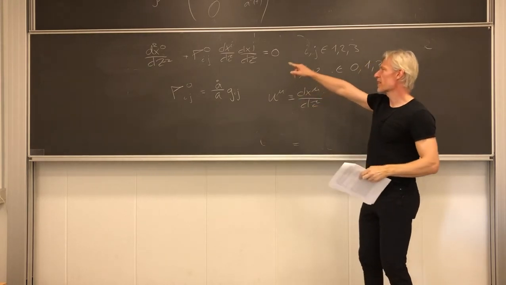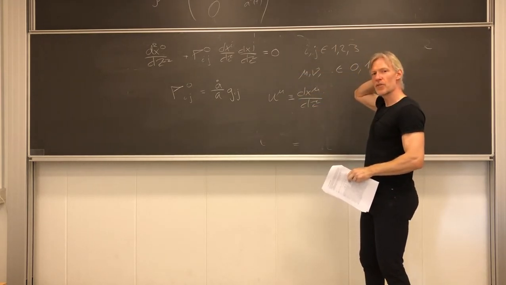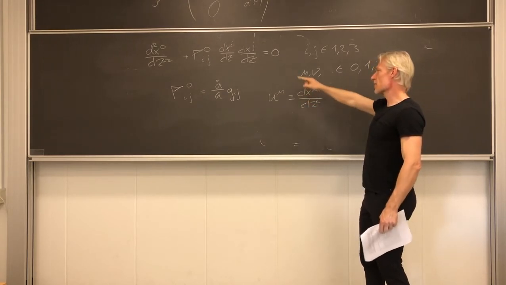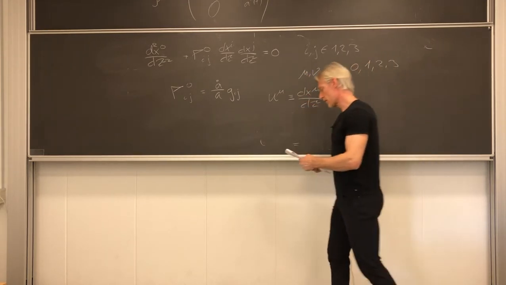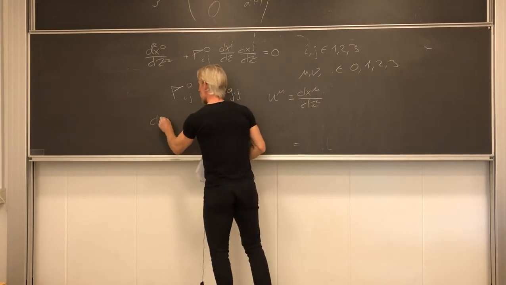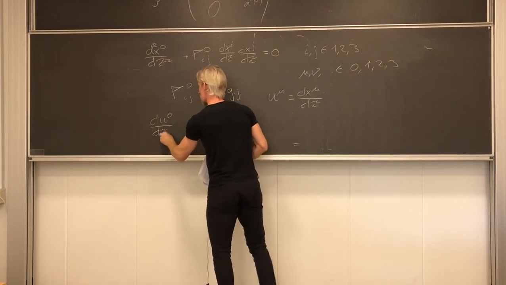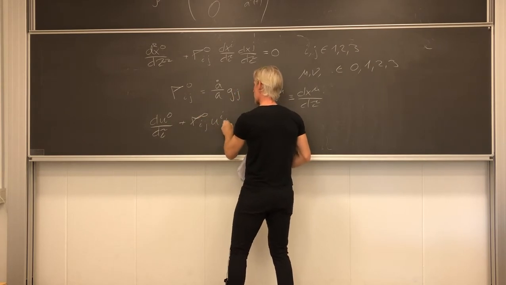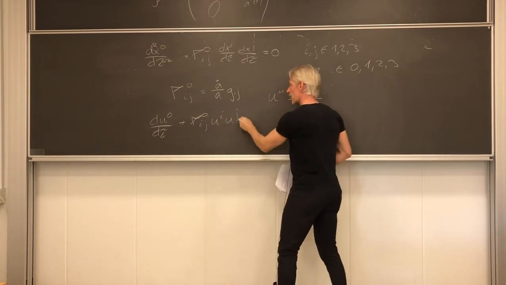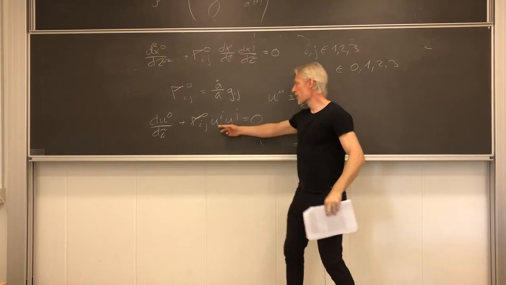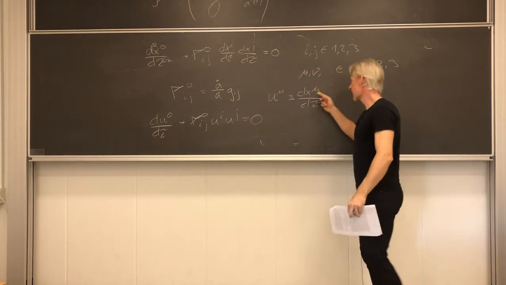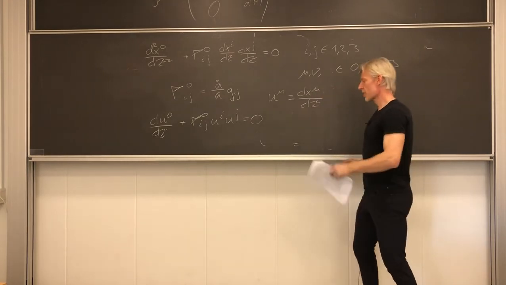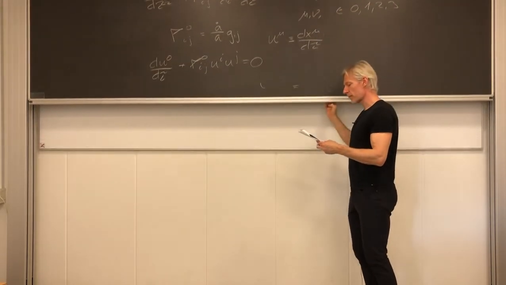So we can rewrite this as an equation of motion, if you want, or a differential equation for the 4 velocity rather than the spatial component, right? So that would be du naught d tau plus, and this is now the 3 velocity, right? So it's this either 1, 2, or 3 here velocity. So it's a spatial velocity.